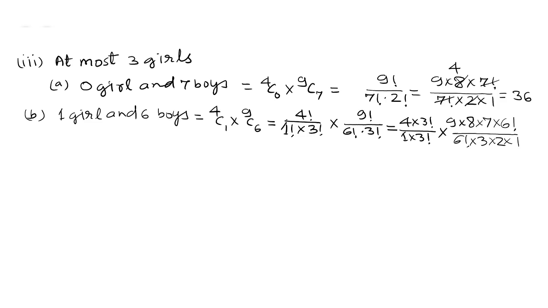So we cancel the 3 factorial of the numerator by the 3 factorial of the denominator and the 6 factorial of the numerator by the 6 factorial of the denominator.